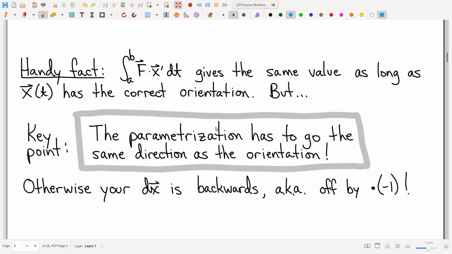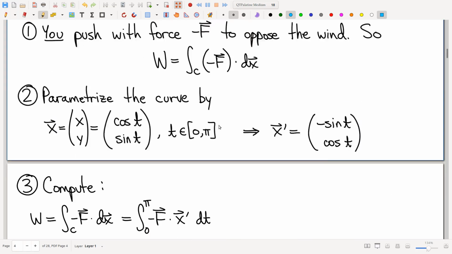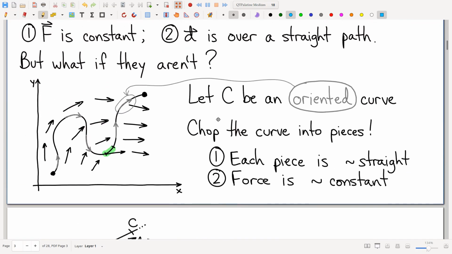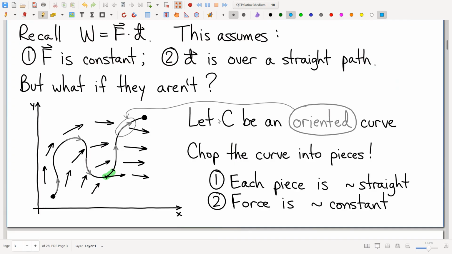Tempting to say the same thing would be true here. And it isn't. Not quite. Important subtlety. Easy to mess up. Remember, we already talked about the fact that we're doing an integral on an oriented curve, right? So the direction we're going matters.